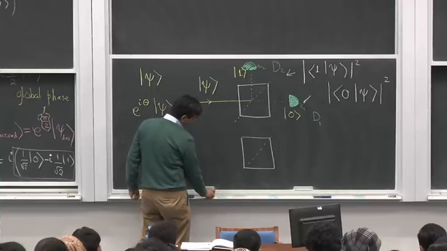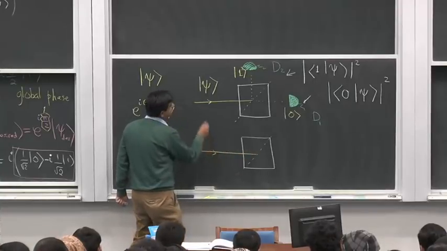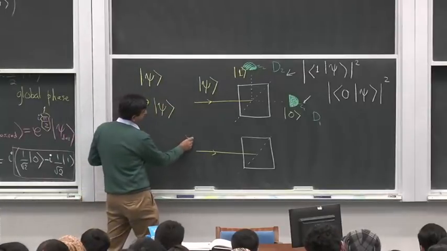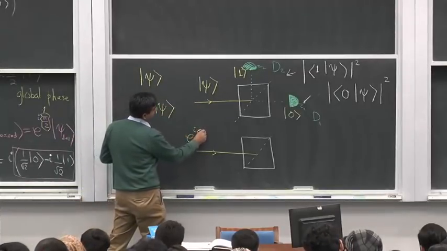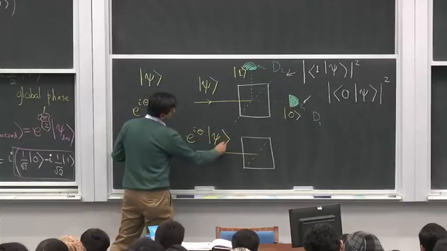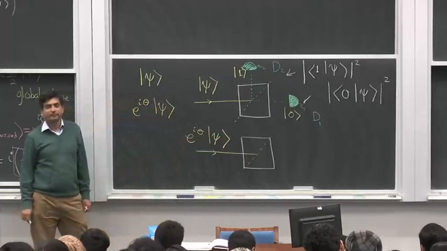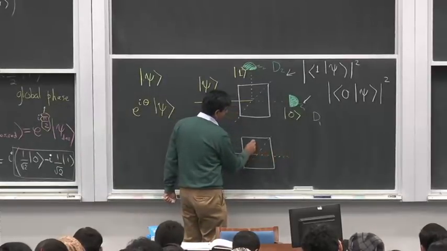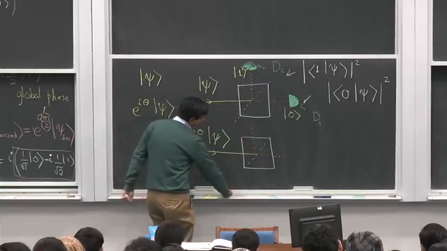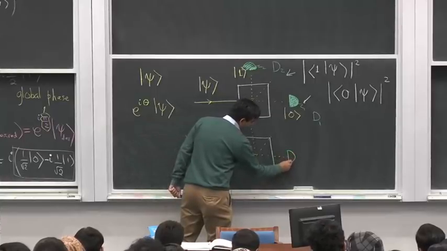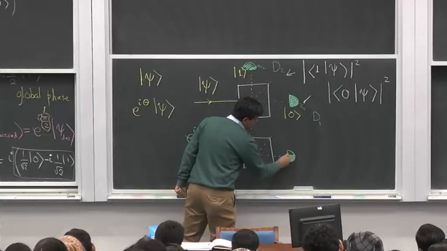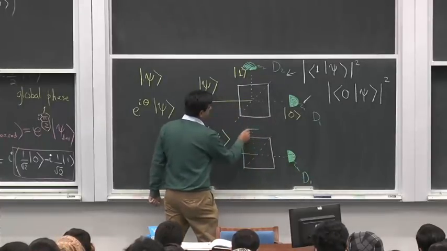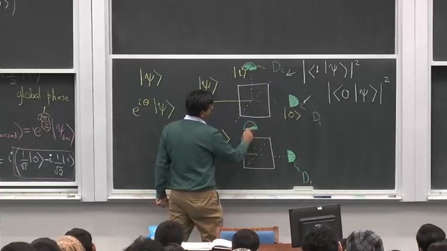Alright? Now suppose I have another experiment in which my input state, instead of being psi, is this state. That is, it has a global phase affixed to it. Now I would like to find out the probabilities of the two detectors clicking. So I have the same arrangement, D1 and another detector here, D2.